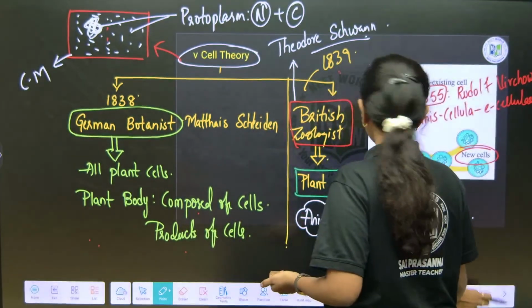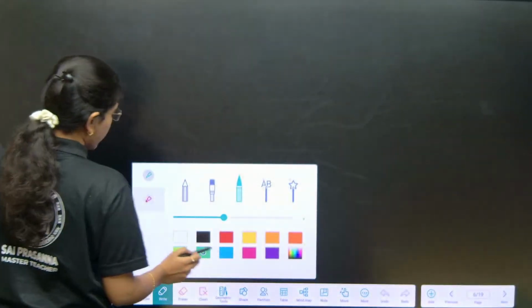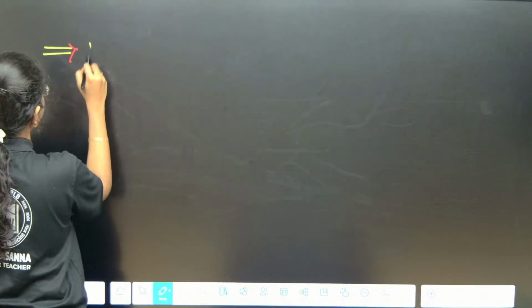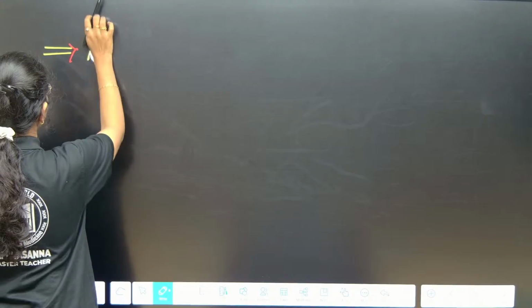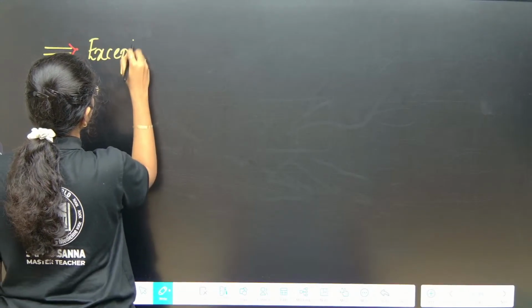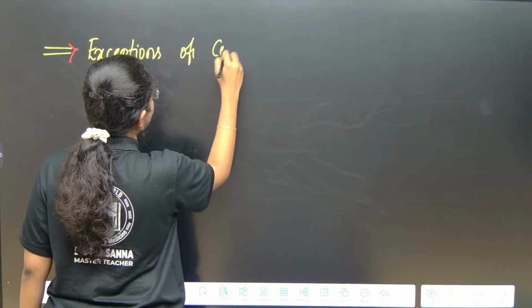Here we go with the exceptions of cell theory. Take down carefully, very important.